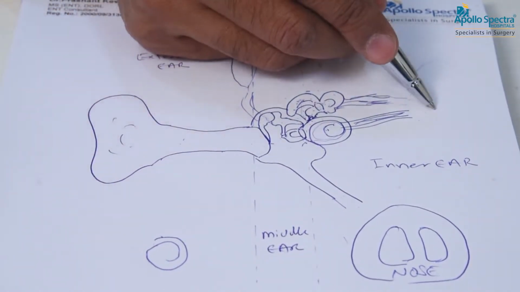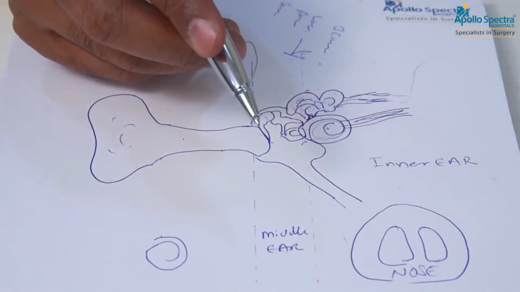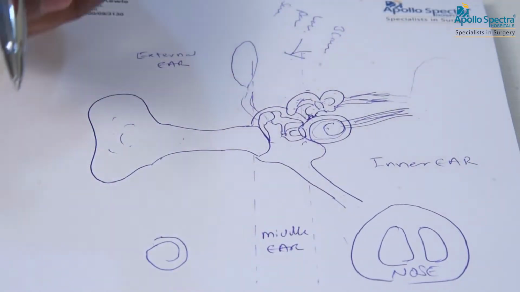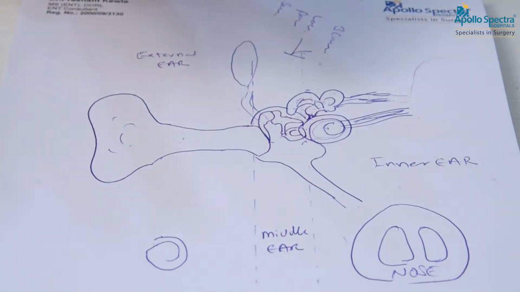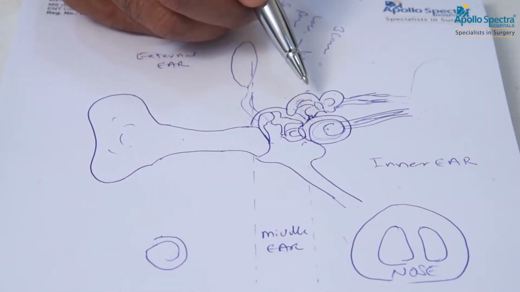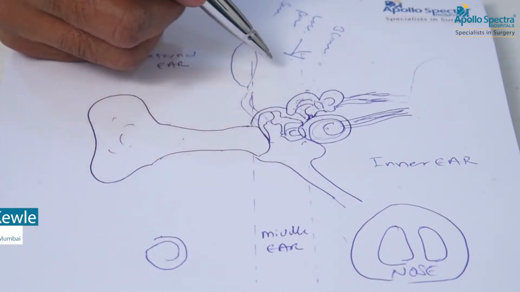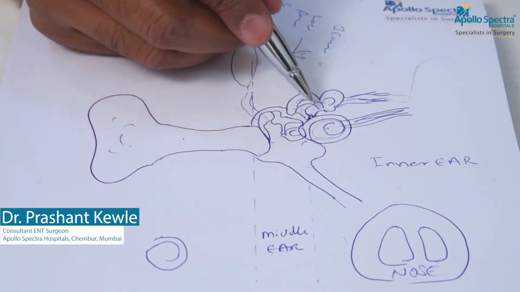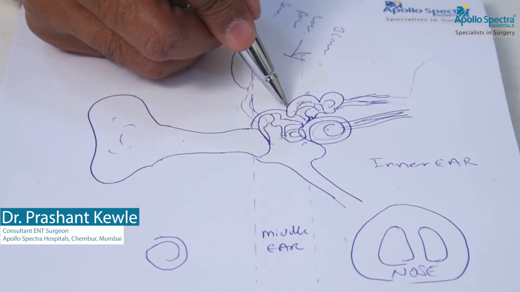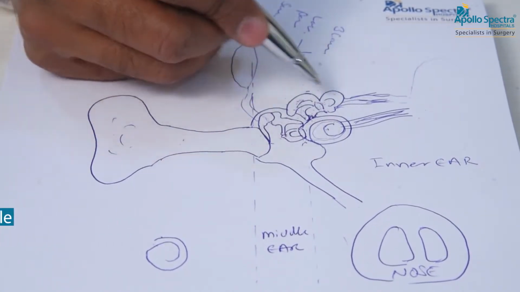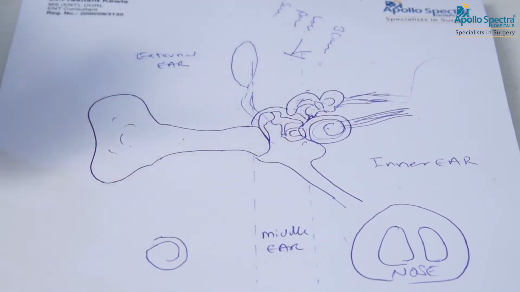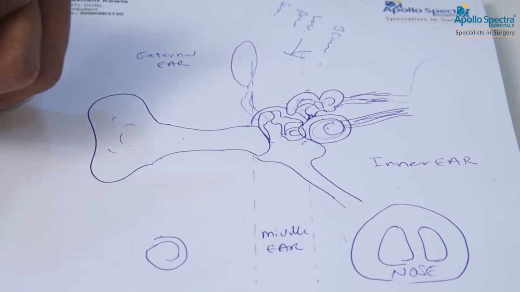Accordingly, your brain will make corrective changes in your leg muscles, body muscles or neck muscles to maintain the balance. So the balance system is a part of the inner ear. If this system gets infected, you may experience loss of balance. Everything may be spinning around. You may have what is called vertigo, or chakkar in common man's language.